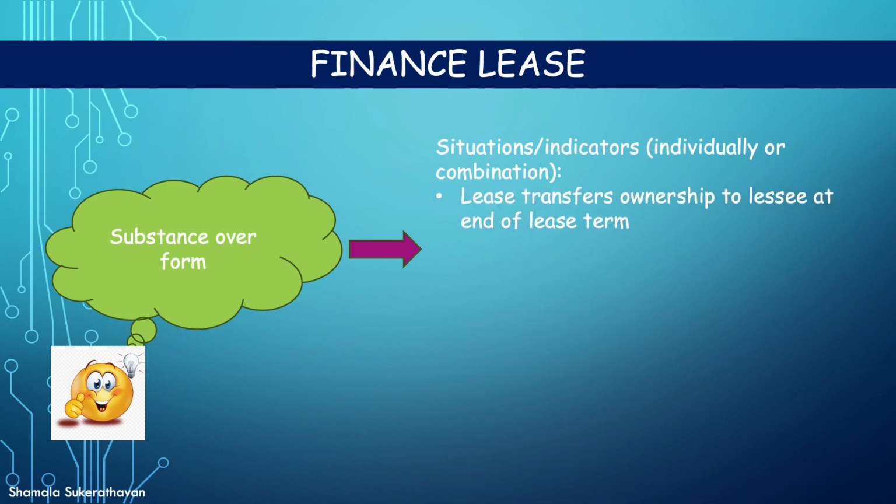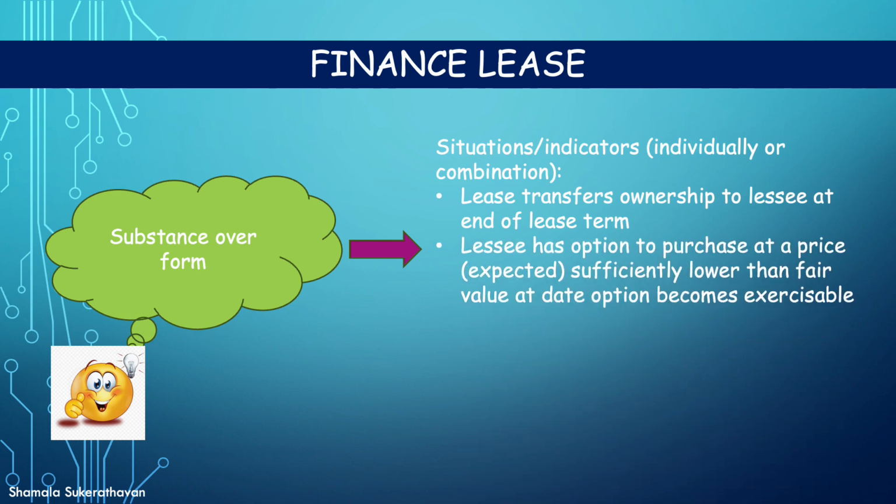The lease transfers ownership of the leased asset to the lessee at the end of the lease term. 2. The lessee has the option to purchase the leased asset at a price expected to be sufficiently lower than the fair value at the date the option becomes exercisable, and it is reasonably certain at inception date the option will be exercised.